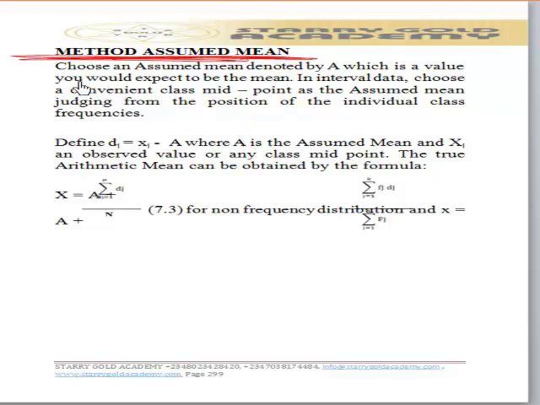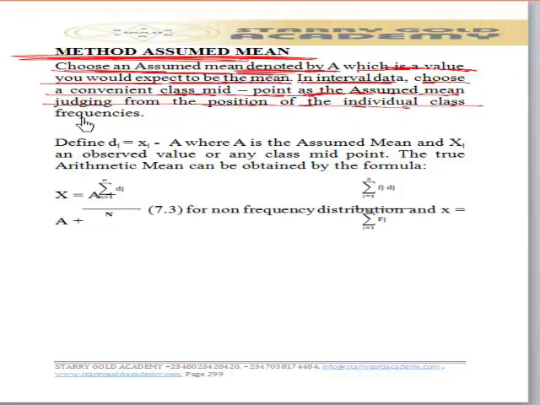In this method we choose an assumed mean, always denoted by A, which is regarded as the value we expect to be the mean. In interval data we choose a convenient class midpoint as the assumed mean, judging from the position of the individual class frequencies.